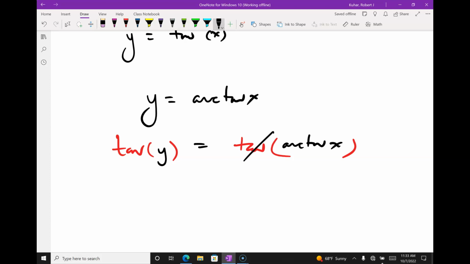Just x. Because tangent and arctangent are inverse functions of each other. Yes? You with me there?